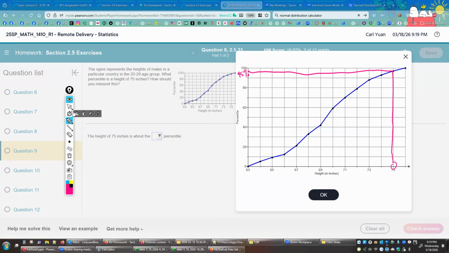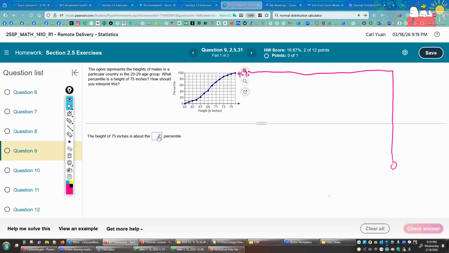So let's see what choices we have here. It looks like 97. It's over 90 for sure. So I would say 97.